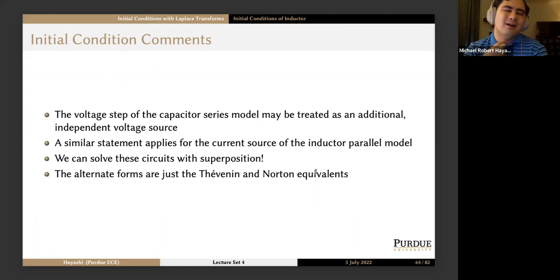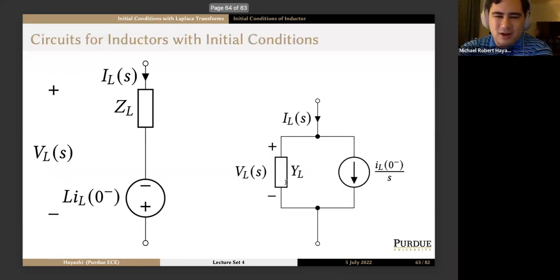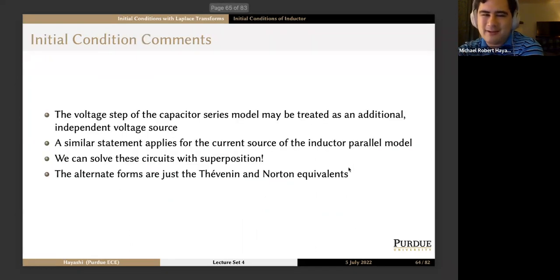In the parallel model, we can just solve these circuits with superposition. We can solve for any applied sources while turning off this source, solve the state of the circuit, then turn off the applied source, solve with the initial condition source, and solve the circuit, add them together, and that's the overall response, because these are linear circuits.